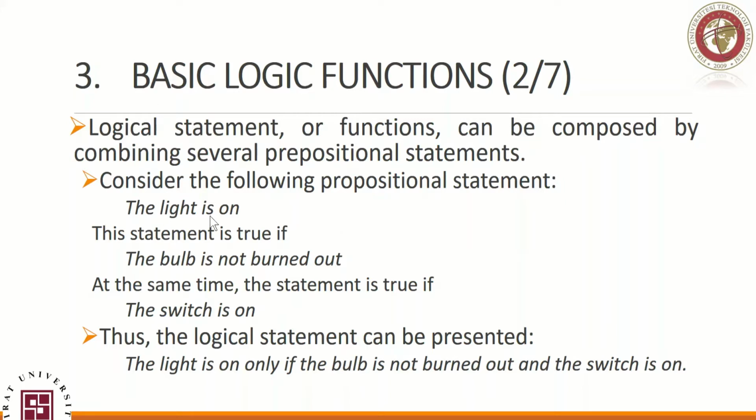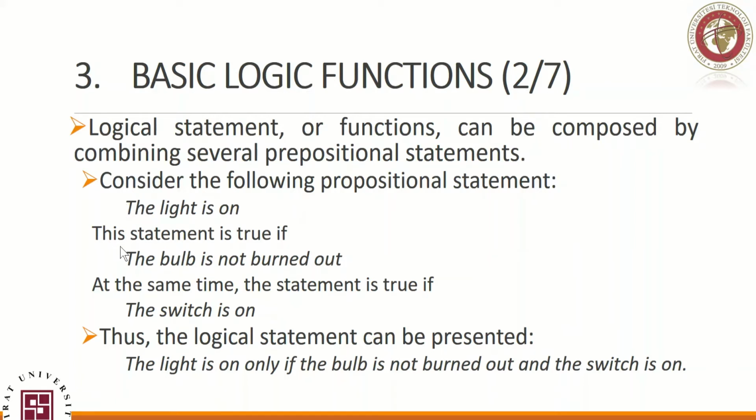Depending on the condition, whether it is really on or off, or whether we have electricity or not, or whether the bulb itself is spoiled or not, if it is functioning or not functioning.